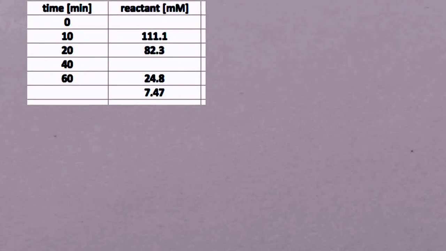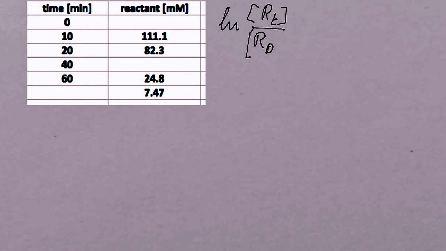So we said we could use, for example, ln of r at the time t divided by r at our starting time, let's call it r0, equals minus k times (t when we observe the reaction minus t when we start).